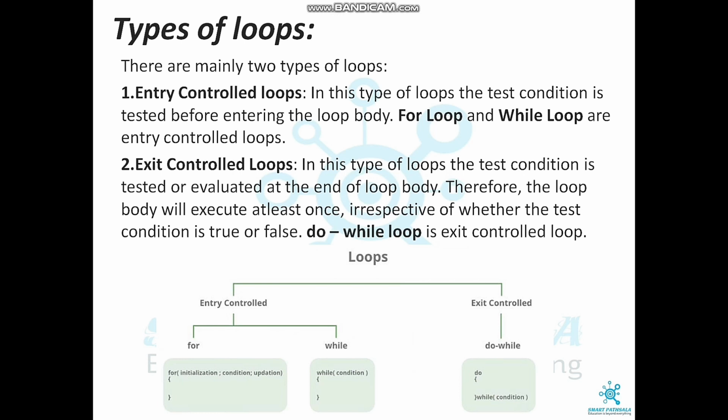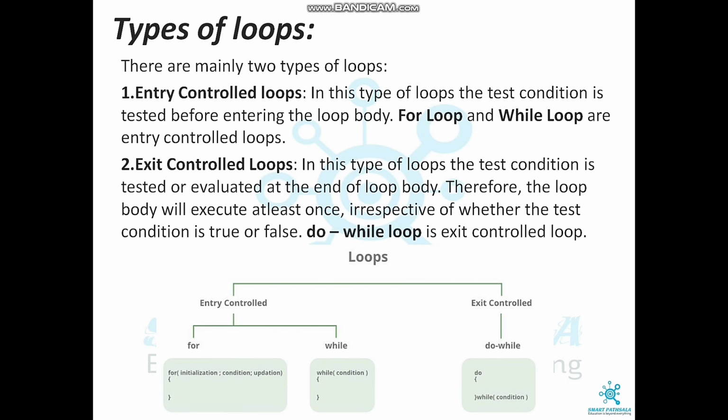For loop and while loop are entry control loops, whereas in an exit control loop, the test condition is evaluated at the end of the loop body. So the loop body is executed at least once, irrespective of whether the test condition is true or false. The do while loop is an exit controlled loop.